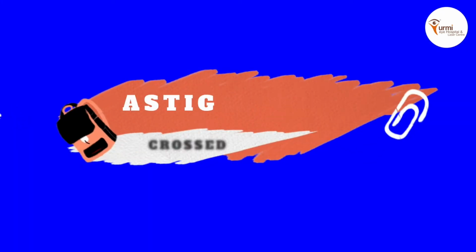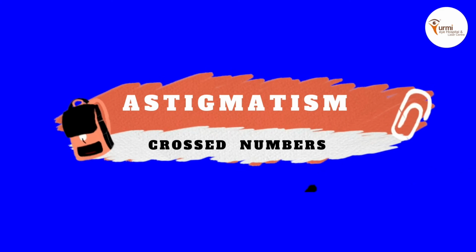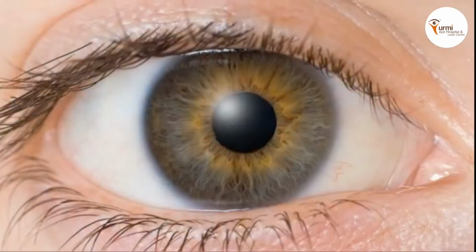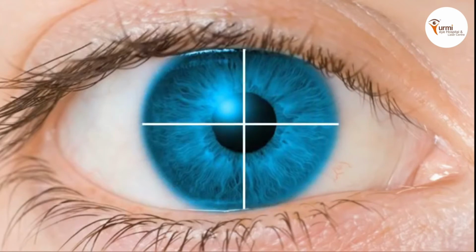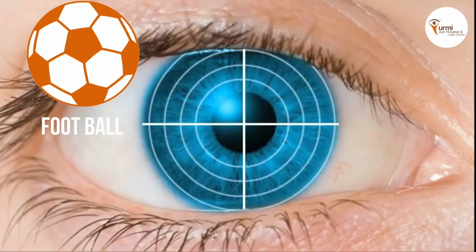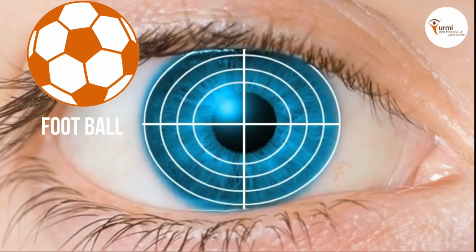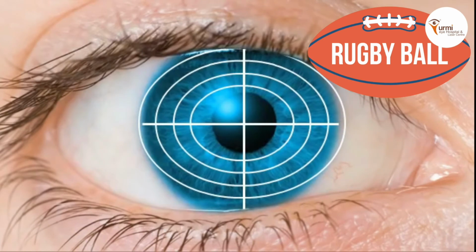Let us understand astigmatism, or cross number. In our eye, the cornea plays a very important role for refraction. It usually has vertical and horizontal curvature in a round, football shape. In astigmatism, it becomes a rugby shape or oval shape.